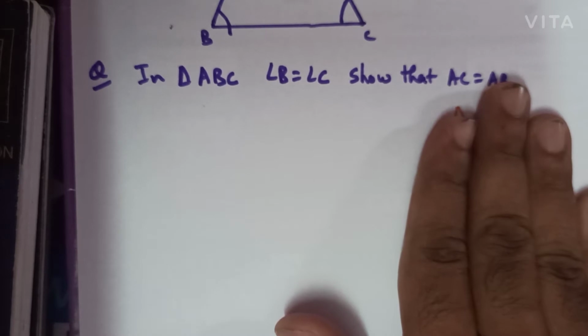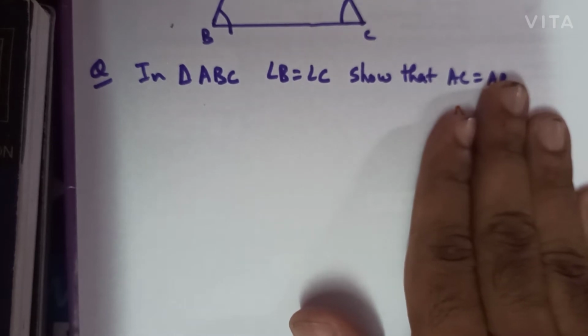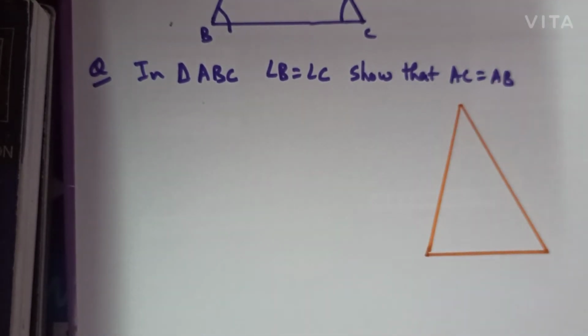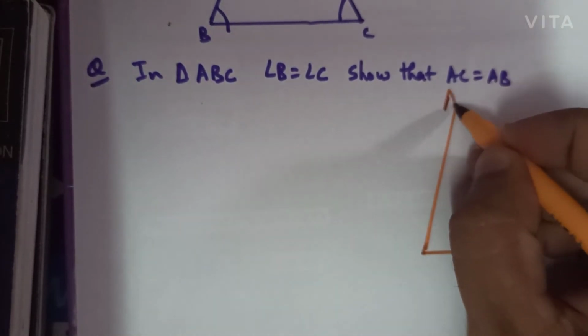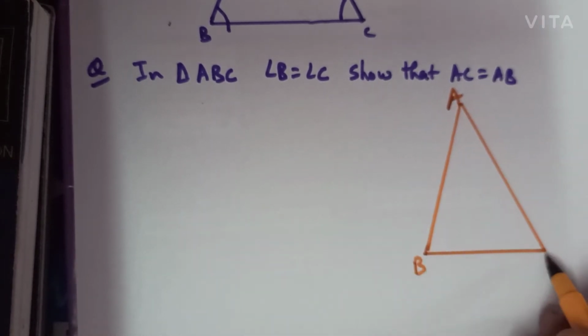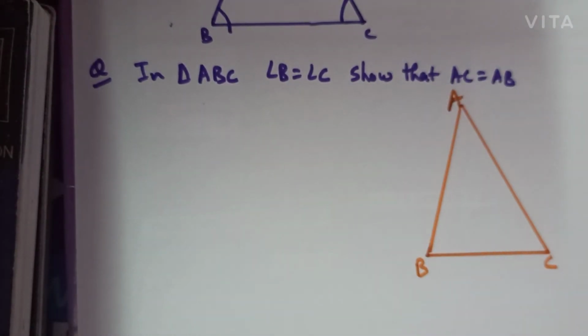That is, we need to prove that the side opposite to angle B is equal to the side opposite to angle C. It can also come in this form: if angle B is equal to angle C, show that the side opposite to angle B is equal to the side opposite to angle C. So first of all, we will draw a triangle ABC as given in the question, and it is saying that angle B is equal to angle C.